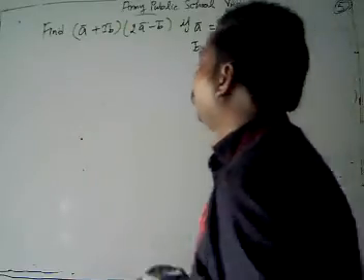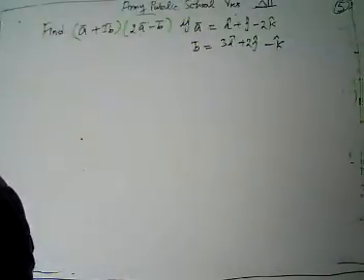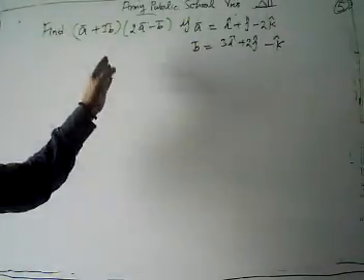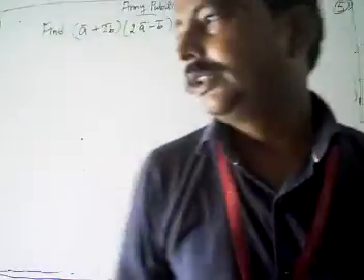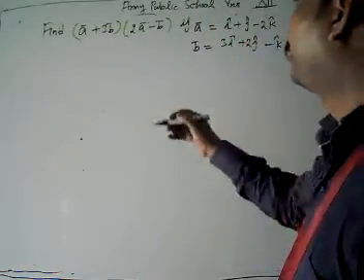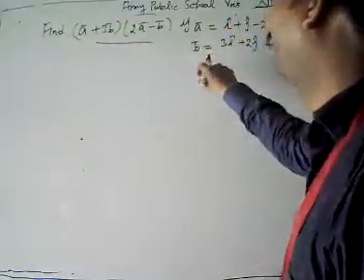Now look, we have to find the value of vector a plus 3 times vector b into 2 times vector a minus b. To get the product of this, first of all we have to find out these vectors.